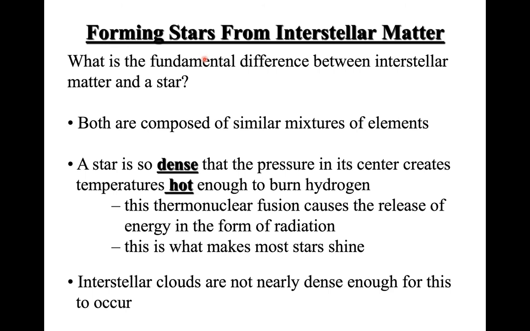Both have similar elements, but a star is more dense and its temperature is so hot that it can burn hydrogen, right? Most of the composition of interstellar matter is hydrogen, but interstellar clouds are not dense enough to burn hydrogen, right?